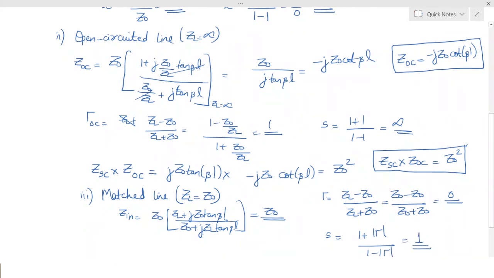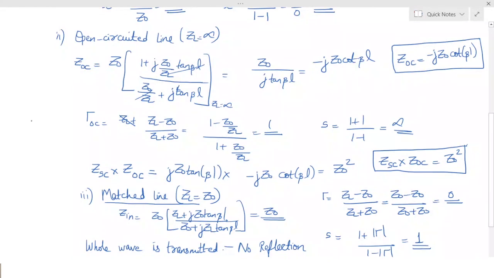So in case of matched line, reflection coefficient is 0 and S value is 1. That means in case of matched line, the whole wave is transmitted and there is no reflection.